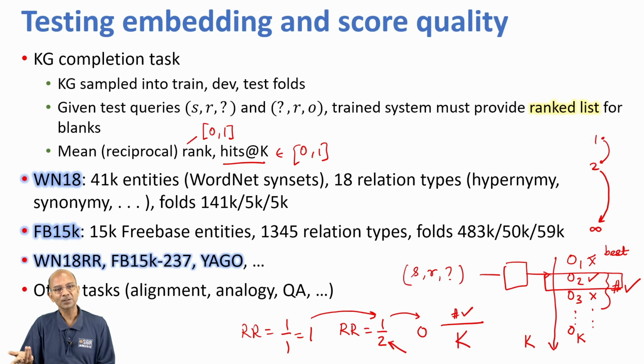There are other measures of knowledge graph completion efficacy, which we won't have time to get into, but you can read about them in the references. How about datasets? There are a few very prominent datasets used in this area of work. There is WordNet 18, which comes from the semantic or lexical network called WordNet.